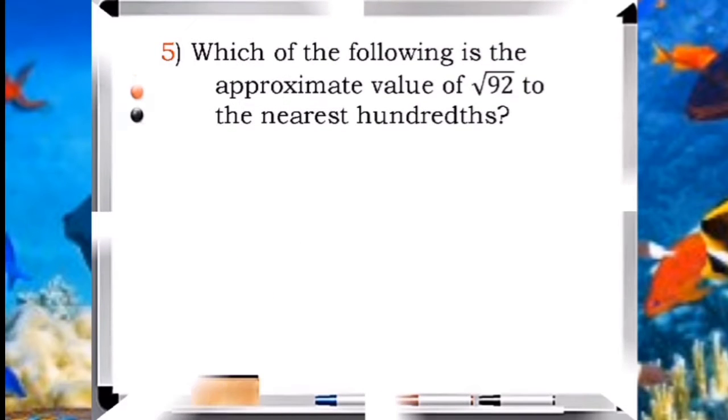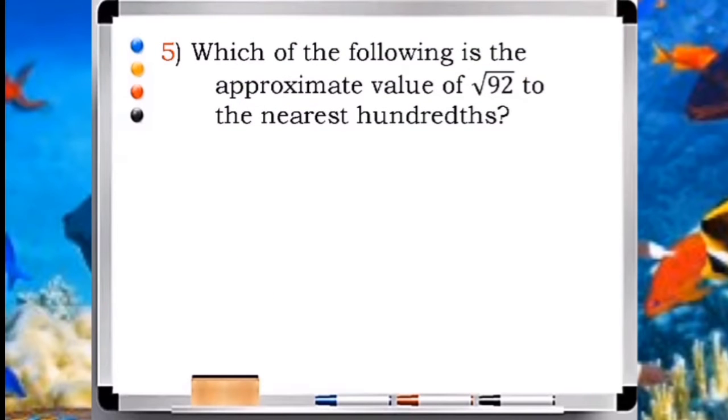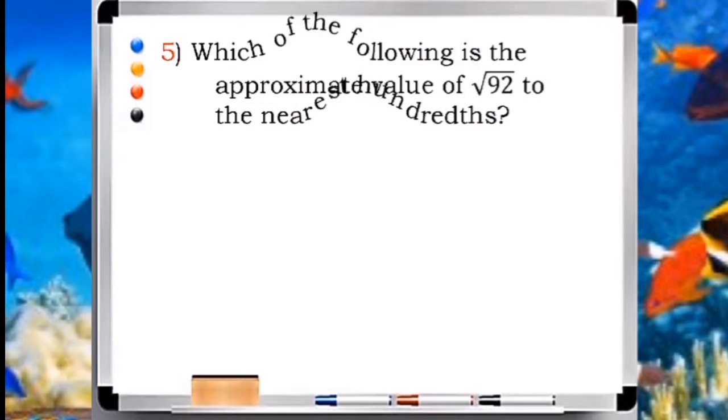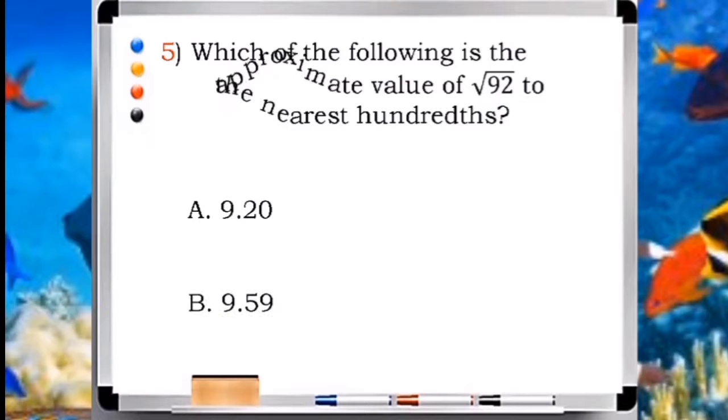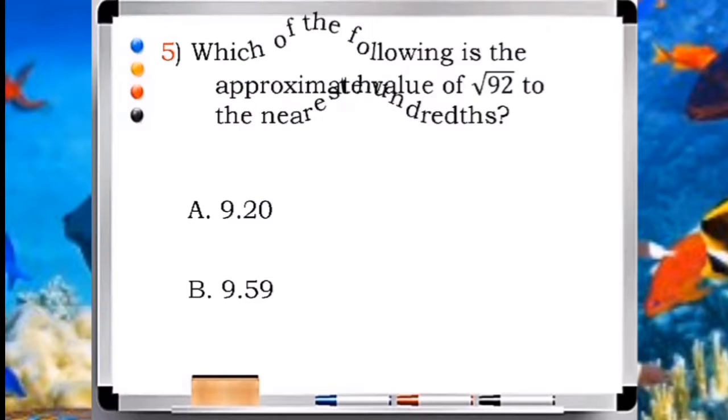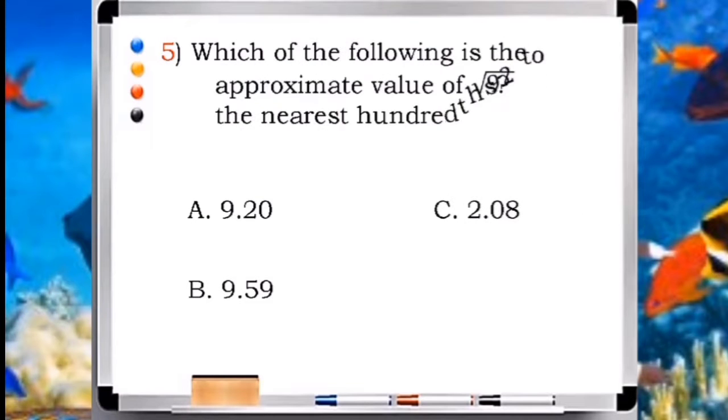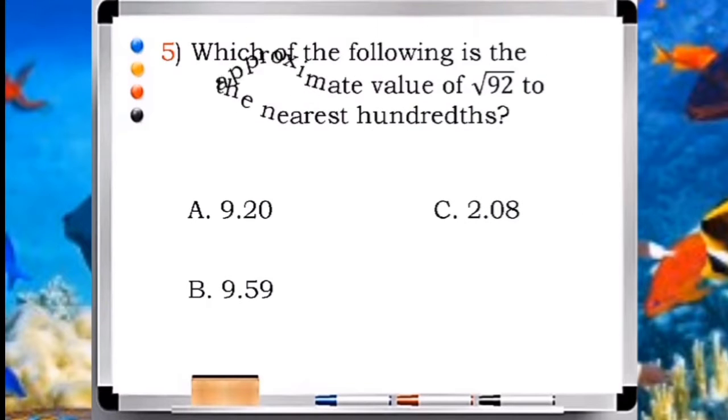Let us have number 5. Which of the following is the approximate value of square root of 92 to the nearest hundredths? A, 9 and 20 hundredths. B, 9 and 59 hundredths. C, 2 and 8 hundredths.